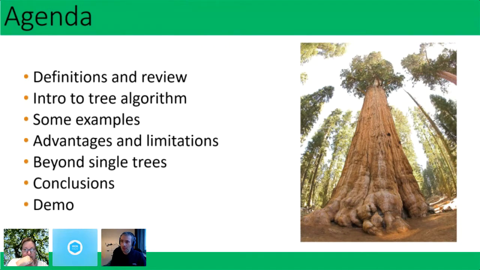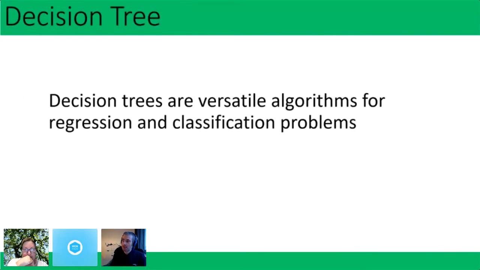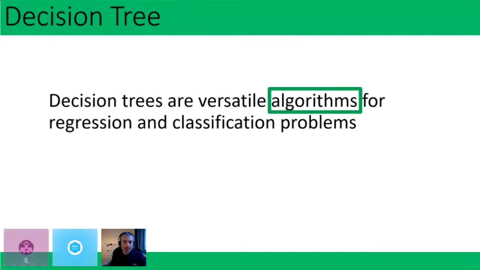So decision trees are versatile algorithms for regression and classification problems. This is the classical definition, but there are three words here that are quite interesting, and we should deconstruct them. The first one is algorithm, and I would like to ask you, and you can answer me in the chat, what do you think could be a definition of algorithm?